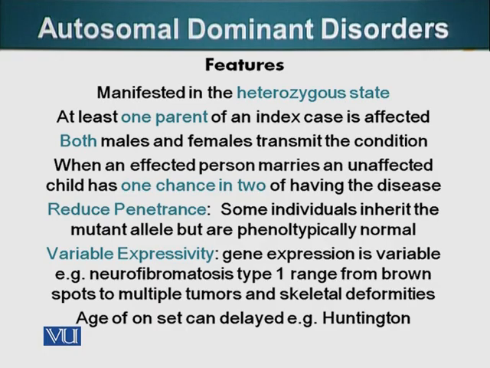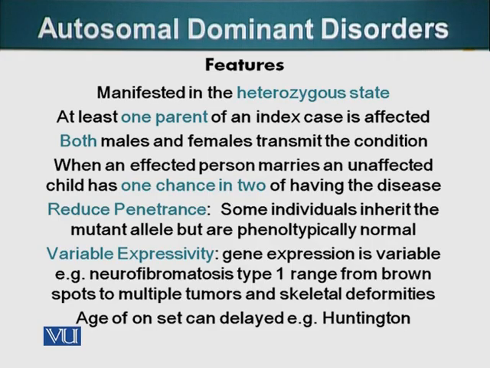Reduced penetrance: in some autosomal disorders, people have the disease gene, but the gene does not manifest its condition. It's a rare phenomenon, not very clearly understood, but one of the examples is BRCA, a type of breast cancer. Variable expressivity: I'll show you a graphic example of this too.